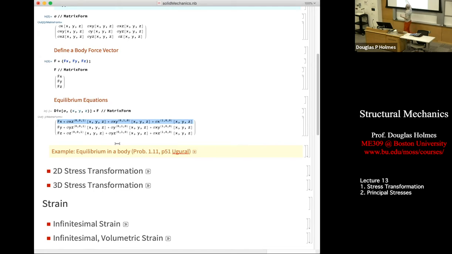So this line right here is telling you to take the partial derivative of this quantity with respect to not x, not y, but z. Compare that to your notes. Second term, take the partial derivative of xy with respect to y, and take the partial derivative of xx with respect to x.